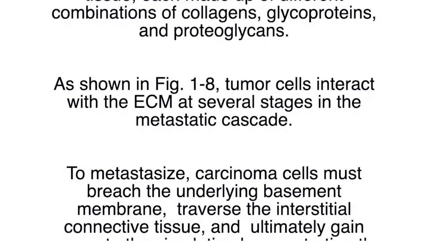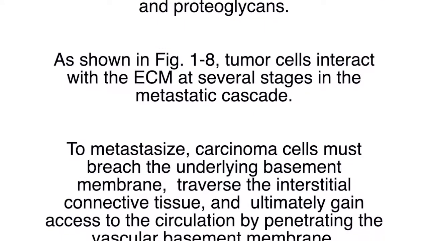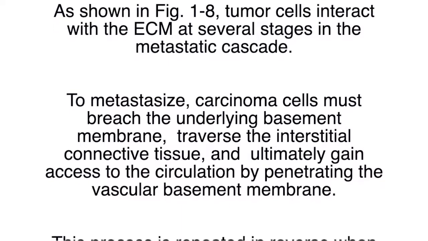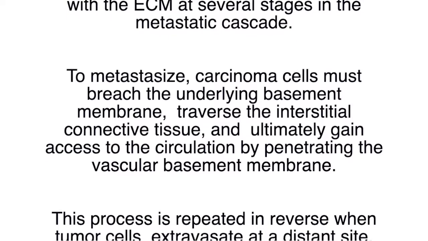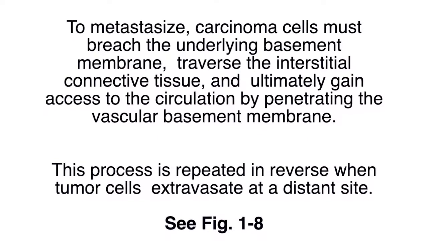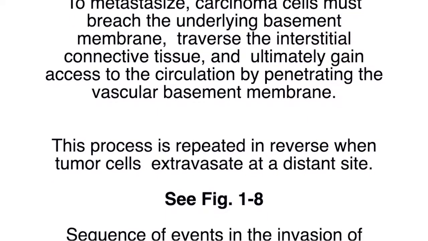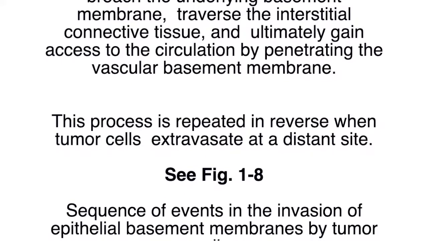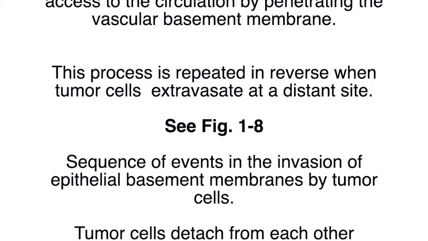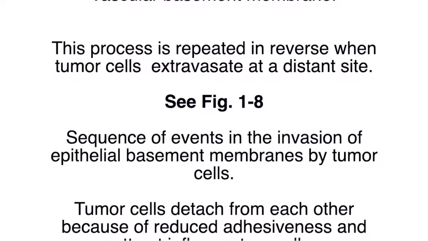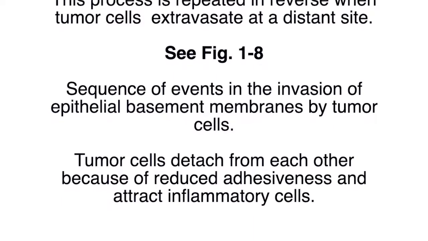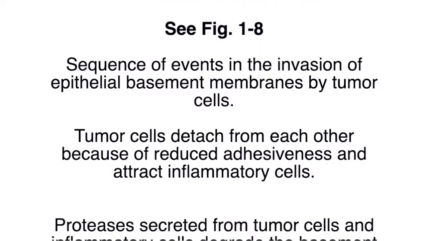As shown in figure 1.8, tumor cells interact with the ECM at several stages in the metastatic cascade. To metastasize, carcinoma cells must breach the underlying basement membrane, then traverse the interstitial connective tissue, and ultimately gain access to the circulation by penetrating the vascular basement membrane. This process is repeated in reverse when tumor cells extravasate at a distant site.